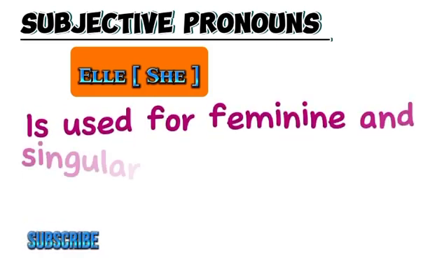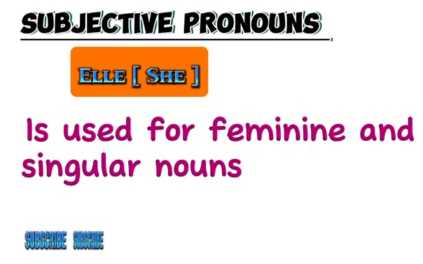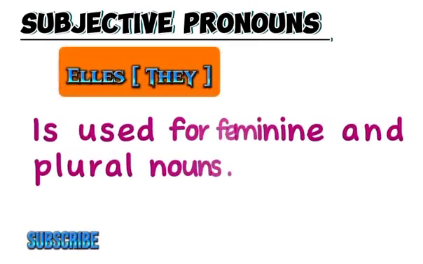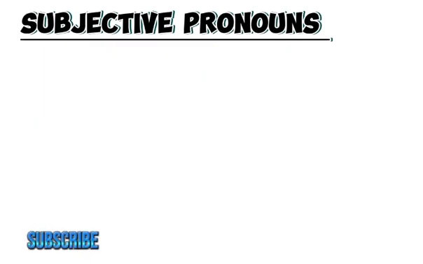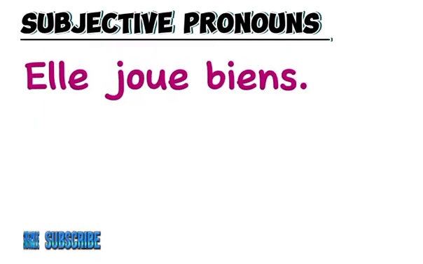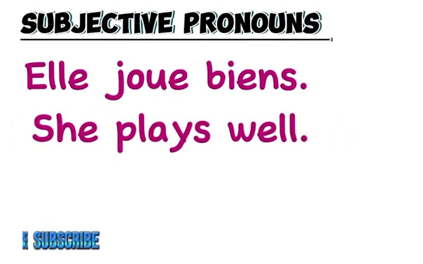Elle is used in place of only feminine singular nouns, whereas elles is used in place of only plural feminine nouns. For example, elle jouait bien, and this means she plays well.